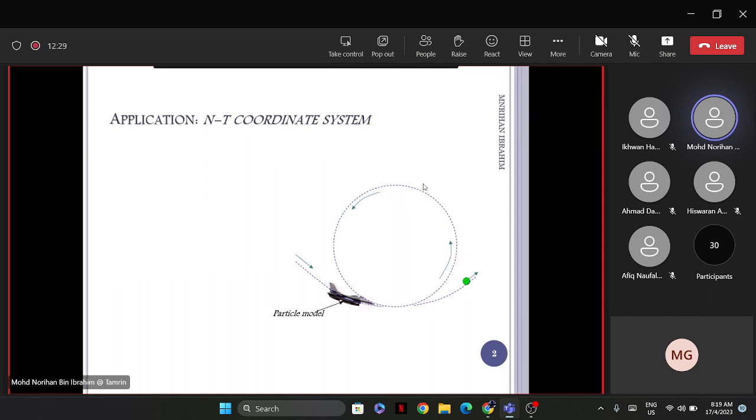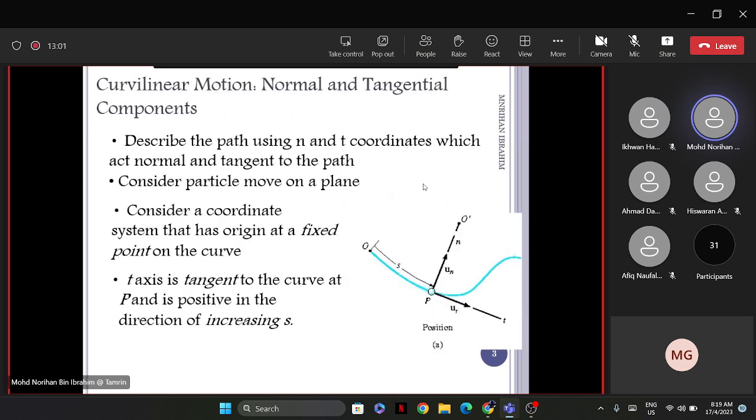If we have this kind of problem, and they ask you to find the displacement, the velocity of this particle or this jet fighter, and at this instant they ask you to find the normal component of acceleration or tangent component of acceleration, then we can apply the method called the normal tangent coordinate system.